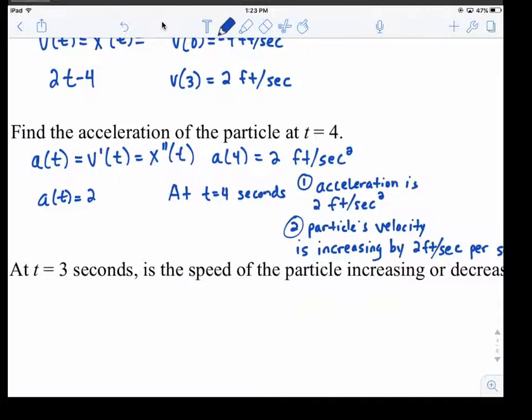Okay. Right, but you need to be able to recognize both things. The acceleration is 2 feet per second squared is the same thing as saying particle's velocity is increasing. So at 3 seconds, is the speed increasing or decreasing? So it's asking for speed.